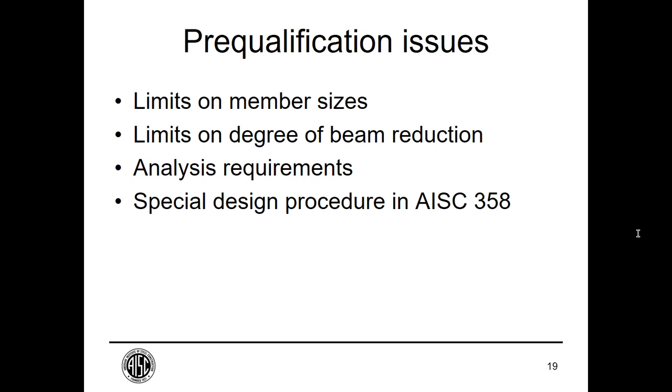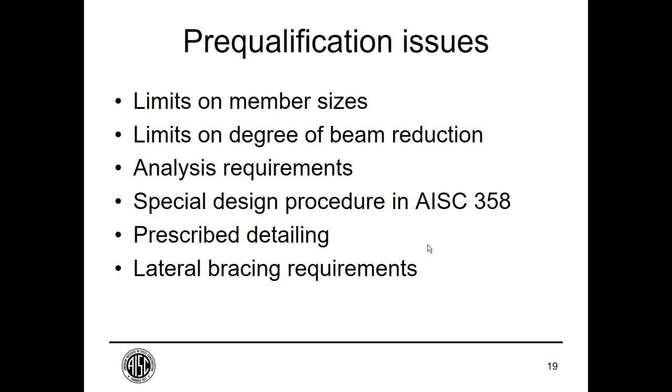There's some special detailing that's also covered in AISC 358, as we'll see, and lateral bracing requirements to make sure the beam remains stable. And of course, a protected zone where we expect inelastic strain in the beam material.